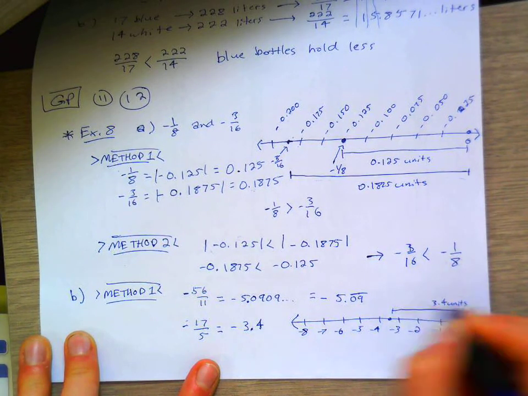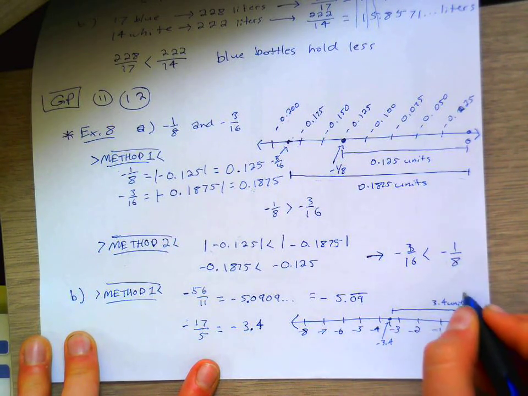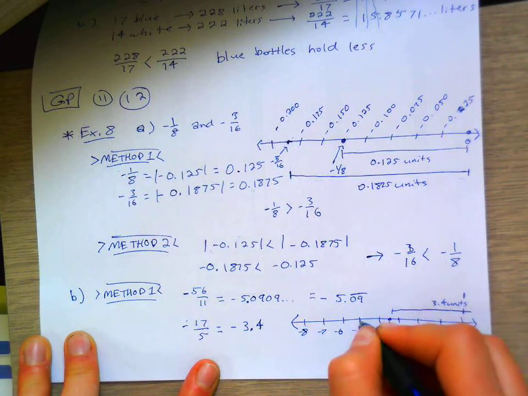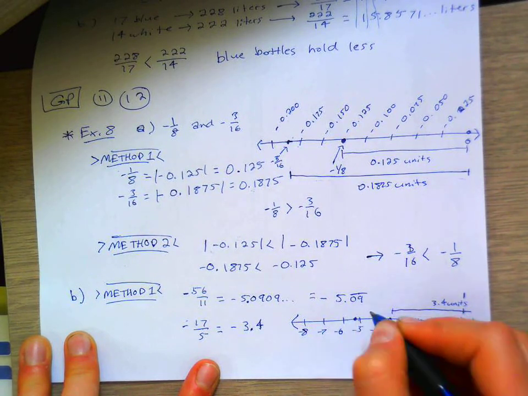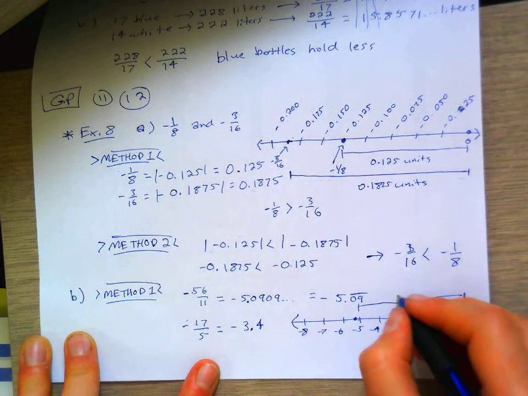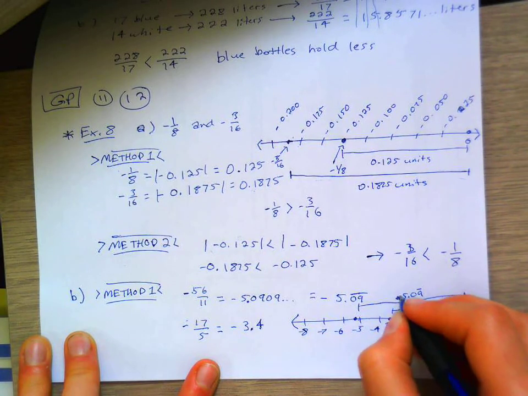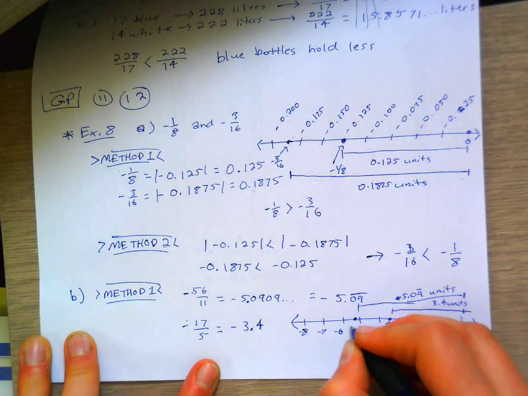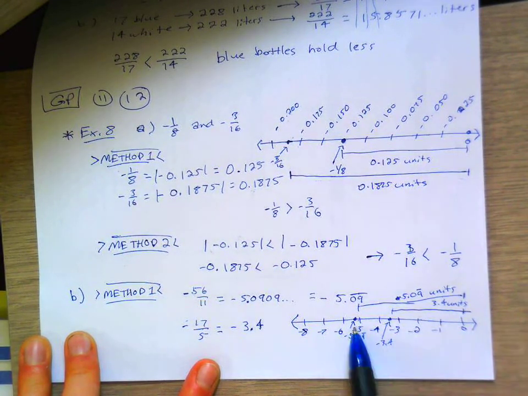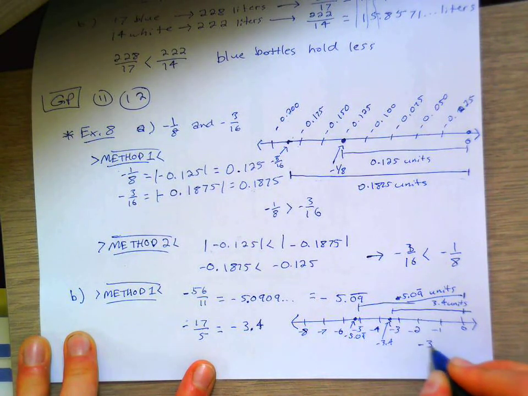Then we're going to find units all the way to -5.09. It's just a little bit past it. The actual number itself is -5.09 repeating. Therefore, the number to the right is the largest, so -3.4 is greater than -5.09 repeating.